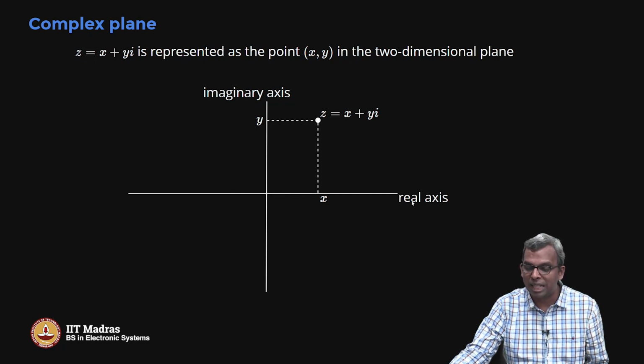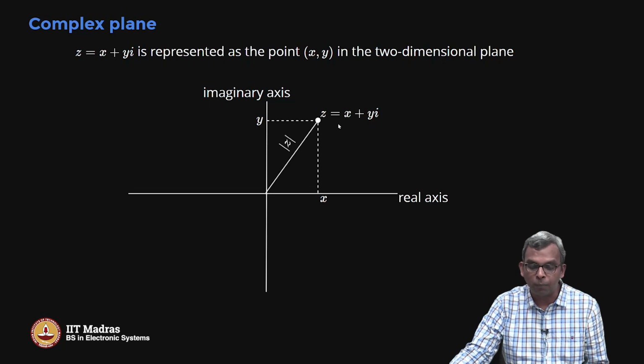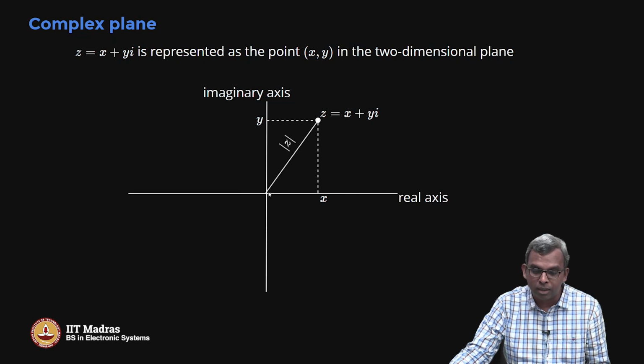Usually we say x axis and y axis, but because it's complex, you say real axis and imaginary axis. Any real part is sort of here, imaginary numbers are sort of here. One more thing: because mod z is the square root of x squared plus y squared, you see that mod z on the complex plane is actually the length of this line.